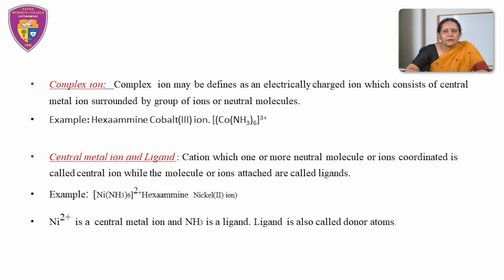The cation to which one or more neutral molecules or ions are coordinated is called the central ion, while the molecules or ions attached are called ligands. Ligands are attached to the central metal ion through coordinate bonds. For example, hexaamminenickel 2 ion. Nickel 2 plus is the central metal ion and ammonia is the ligand. Ligands act as Lewis bases, the central atom acts as a Lewis acid.